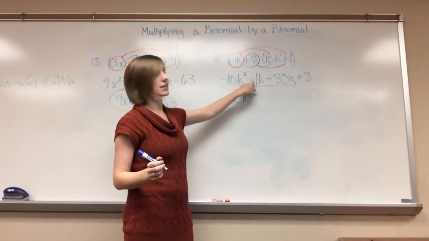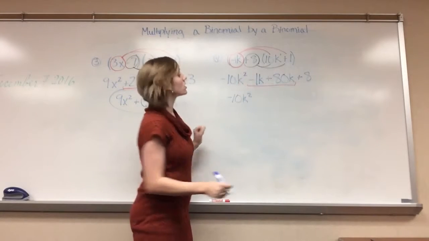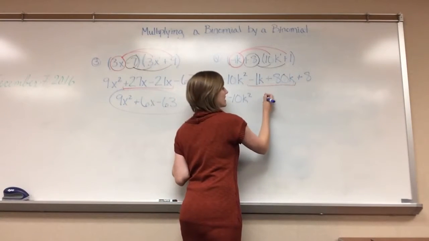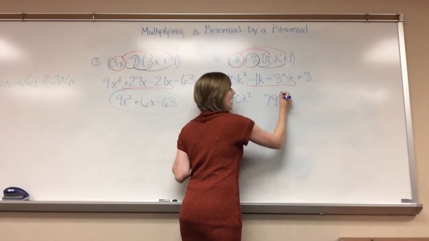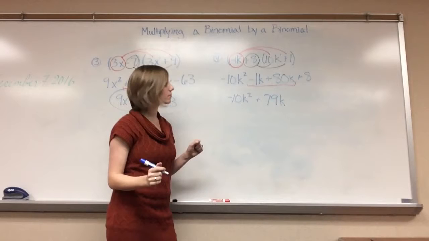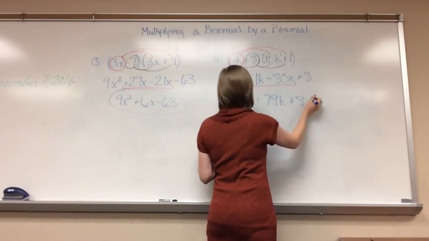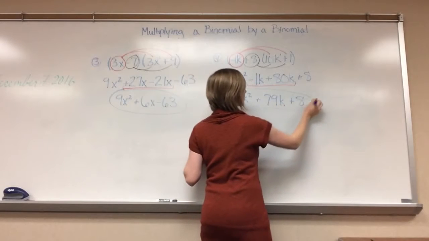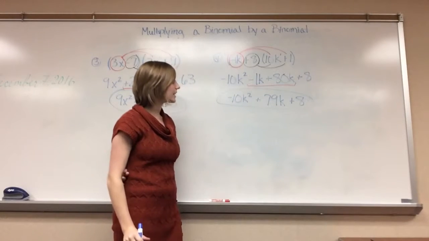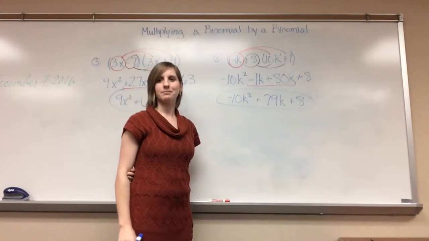Make sure you look at this as like a negative 1. Don't forget that that minus sign is there. So 80 minus 1 is 79k, and it will be positive because you keep the sign of the bigger number. And then my plus 8 just comes down. So our solution for problem number 4 is negative 10k squared plus 79k plus 8.